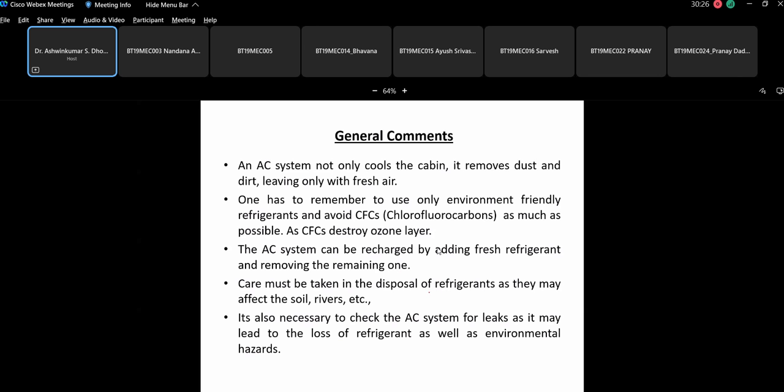Care must be taken in the disposal of refrigerant as it may affect the soil and rivers. So it is not that they are not polluting, but they are polluting in a way. It's also necessary to check the AC system for leaks, as it may lead to loss of refrigerant as well as environmental hazards. So this care has to be taken.